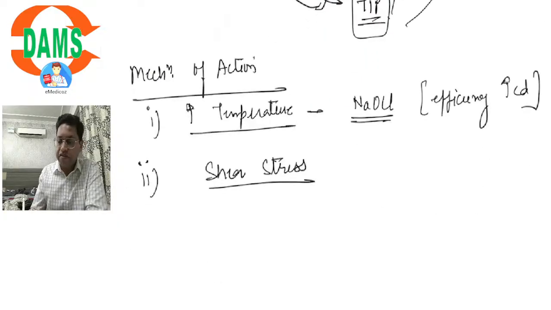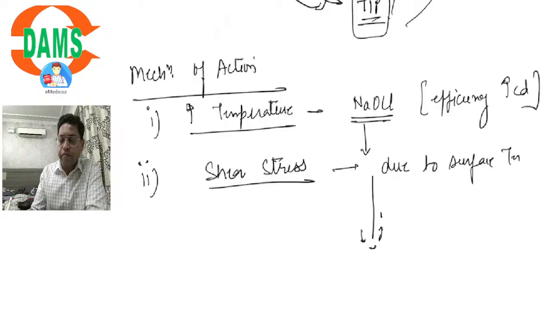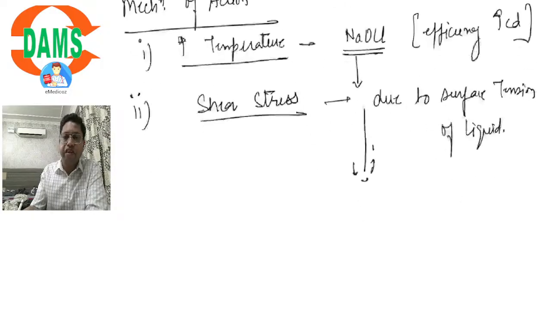What is shear stress? There is sodium hypochlorite irrigant inside the root canal, and the file is vibrating inside the irrigant. So this file generates shear stress due to surface tension of the liquid, the irrigant inside the root canal.